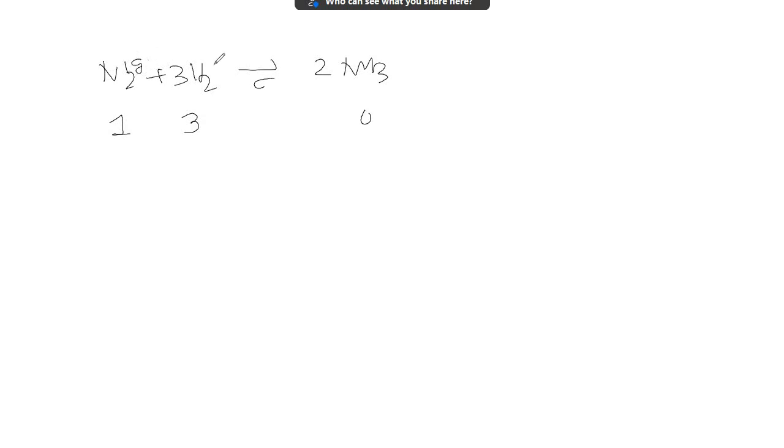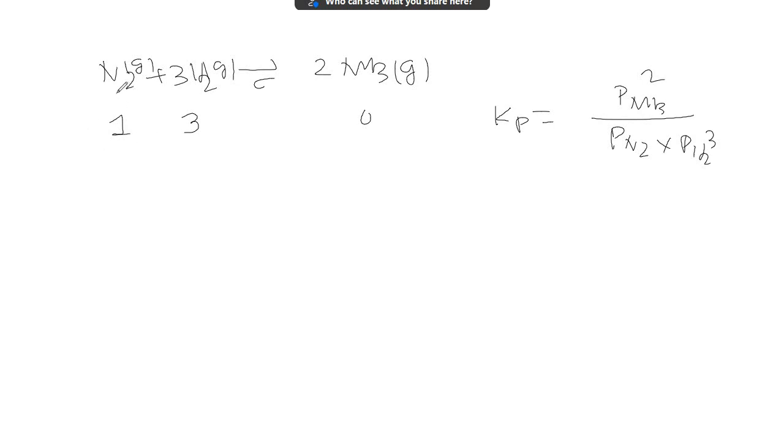Nitrogen is gas, hydrogen is also gas, and ammonia is also gas. As the reactant and the product are all in gaseous state, it is an example of homogeneous equilibrium. When the reactant and the product are in gaseous state, the equilibrium constant is denoted by Kp. Kp will be PNH3 square over PN2 into PH2 whole cube. This is the expression of the equilibrium constant, that is called Kp.